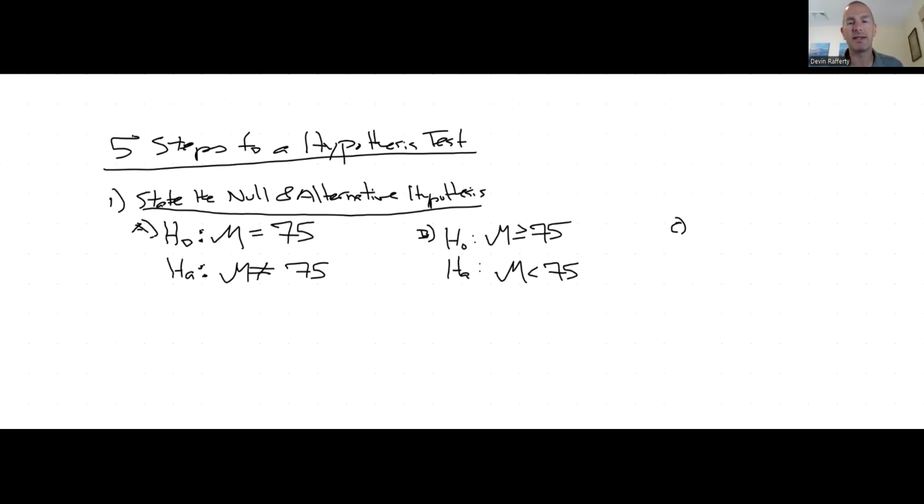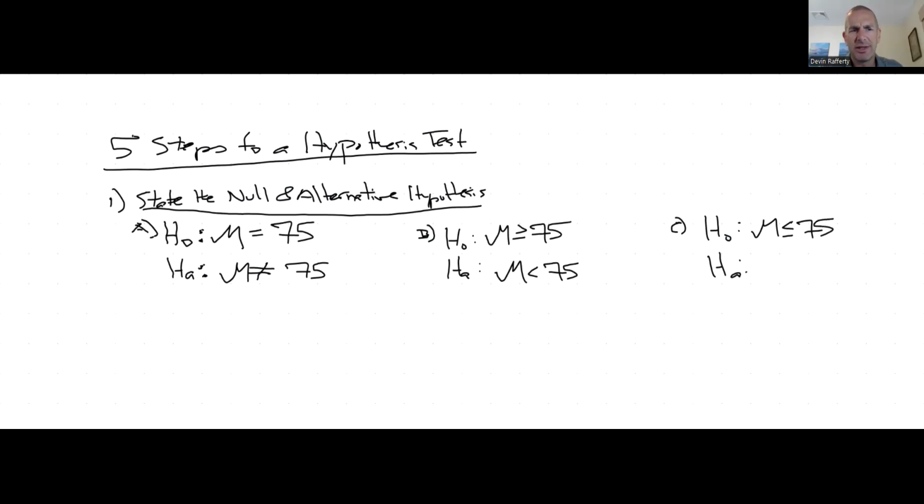Okay. Case C, let's say I don't think Home Depot stock is doing so great these days. I think it's going to go down. So I have a feeling that mu, the price of Home Depot stock, will be less than or equal to $75.